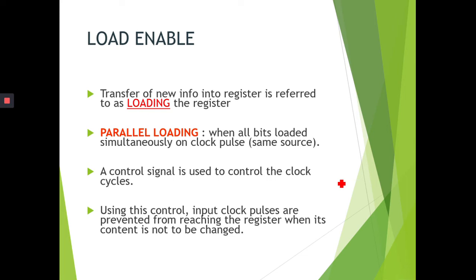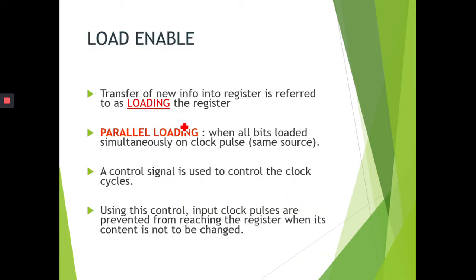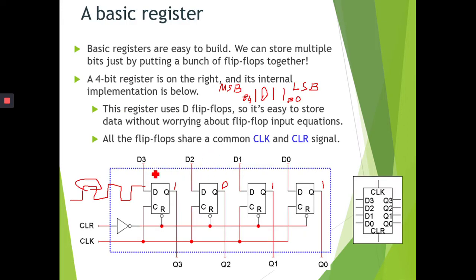Okay, load enable. The transfer of new information into a register is referred to as loading. Whenever you want to bring a new value inside the register, the process is called loading. Parallel loading means that all bits are loaded simultaneously on the clock pulse.